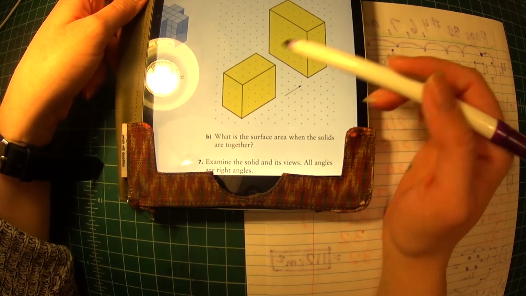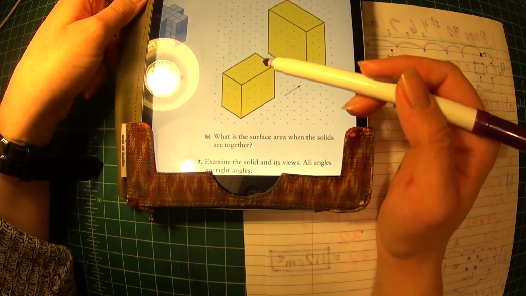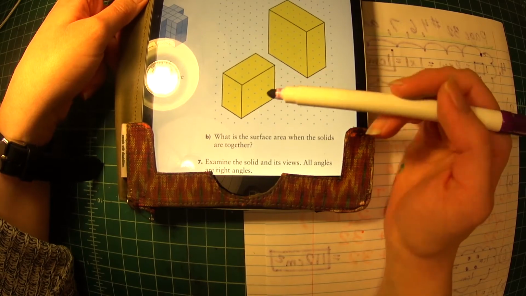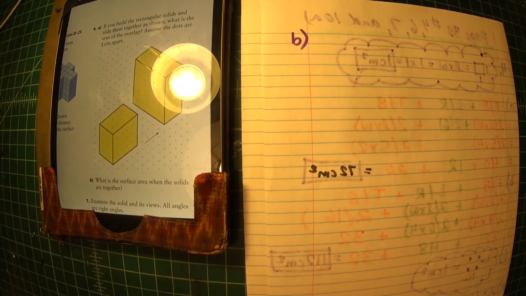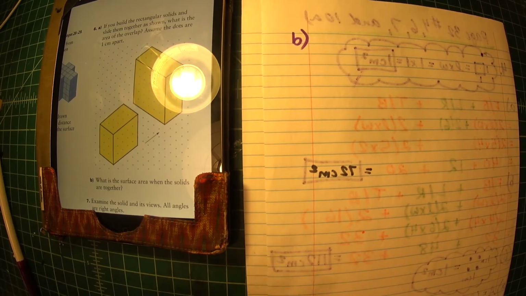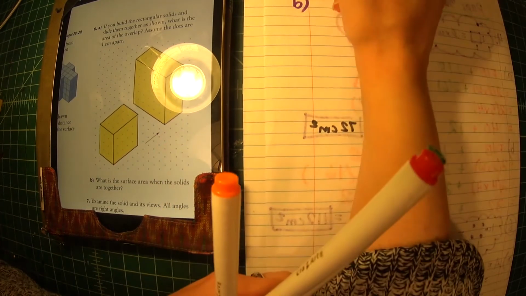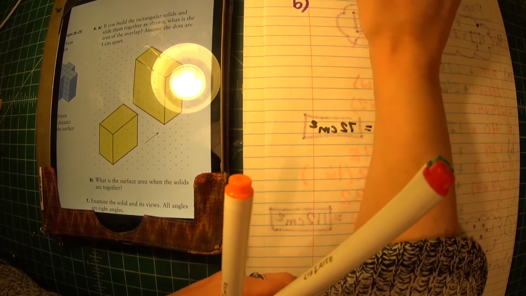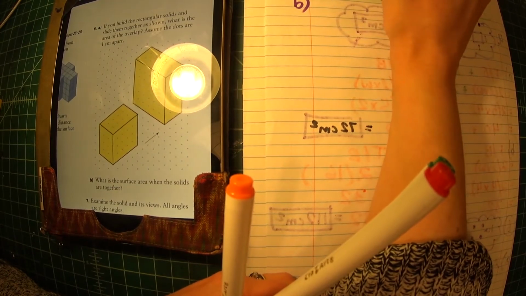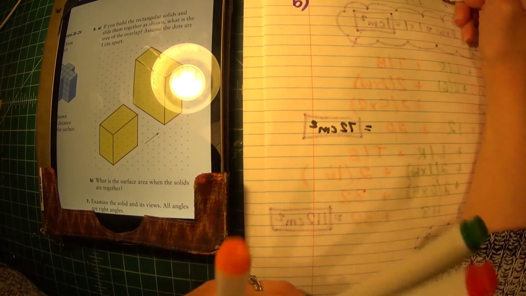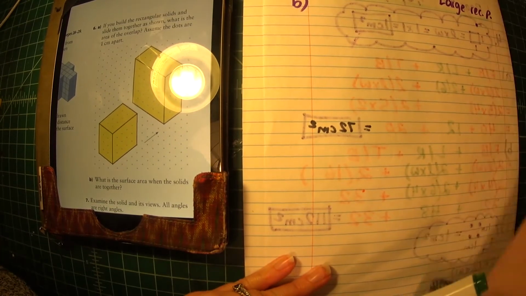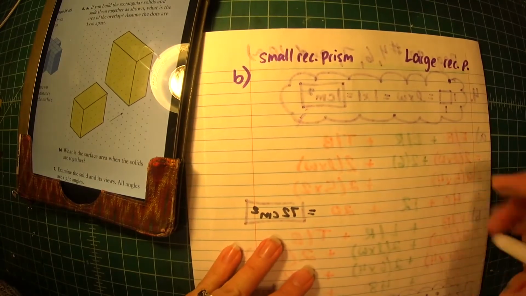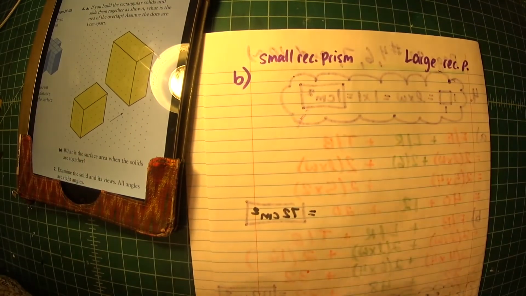If we just calculate the area of each and then subtract the overlap that we're going to lose when they're pushed together, then we'll have our final answer. So we've got this small rectangular prism and we've got the large rectangular prism.